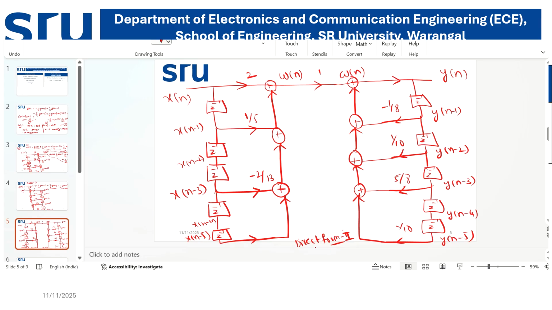Now, how many delay elements are there? Here 1, 2, 3, 4, 5. So m is equal to the number of delay elements at the input side. And here also 1, 2, 3, 4, 5. So n is also the number of delay elements at the output side, that is 5. And the total number of additions required is m plus n, that is 10.